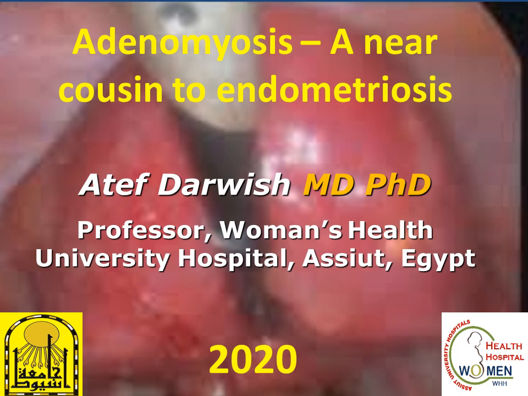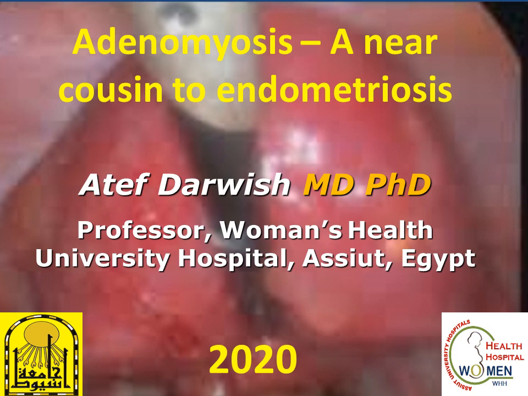The talk of today is about adenomyosis uteri. Previous publications and textbooks mention that adenomyosis is a form of endometriosis. It is internal endometriosis, and the well-known endometriosis, which is pelvic endometriosis, is called external endometriosis.